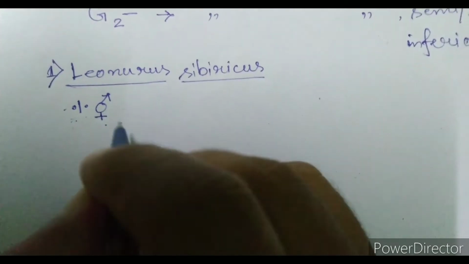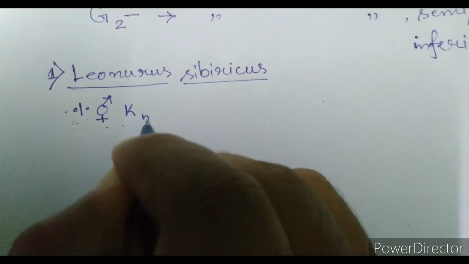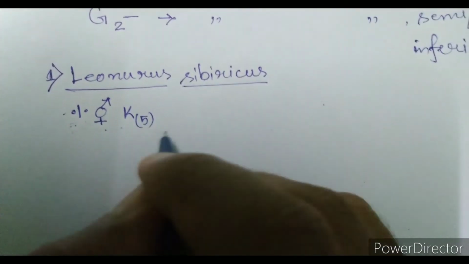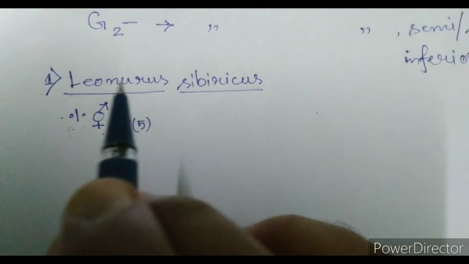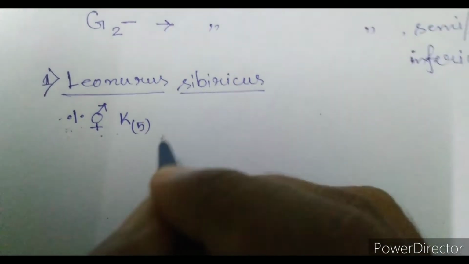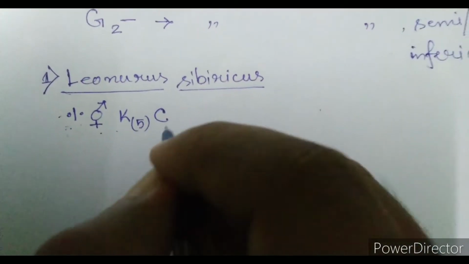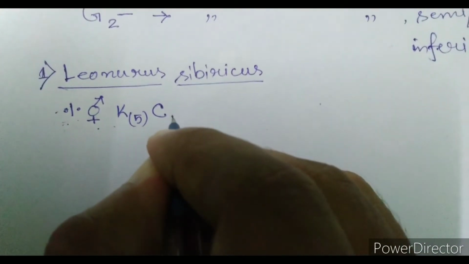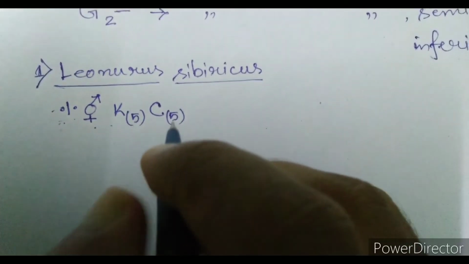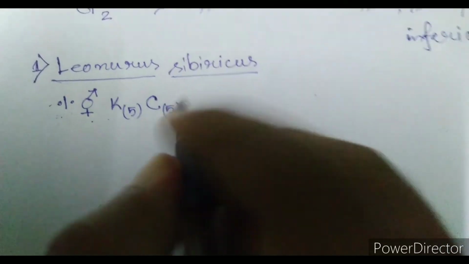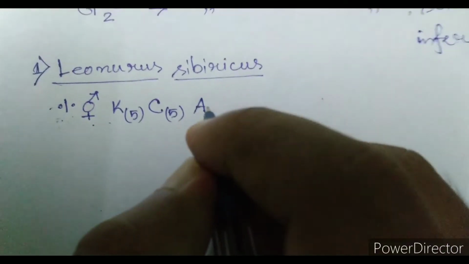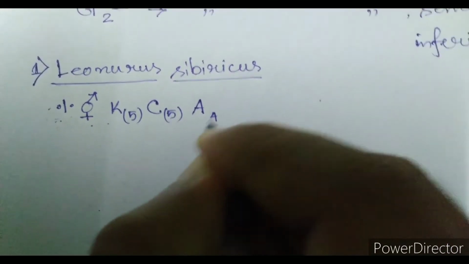So here the calyx is present, 5, and they are united. Okay, means they are fused, means they are gamosepalous. Next we discuss corolla. Here corolla is also 5 but they are fused. And the corolla is also attached with the androecium, and here the androecium present is 4.